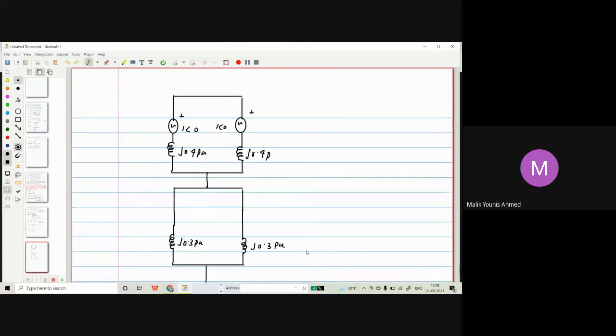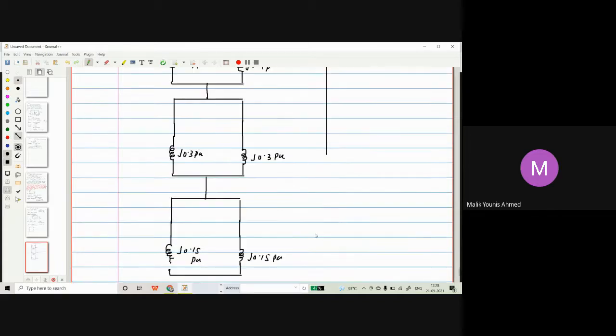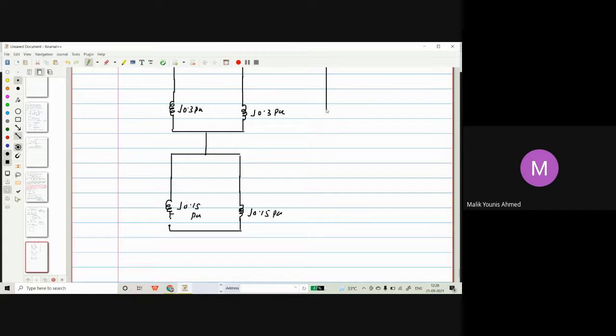Then you can connect it like this. This will be your I naught.